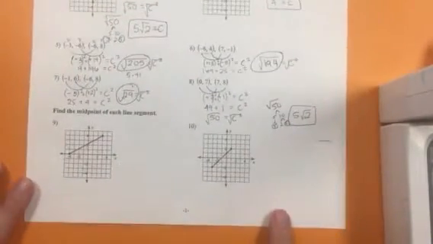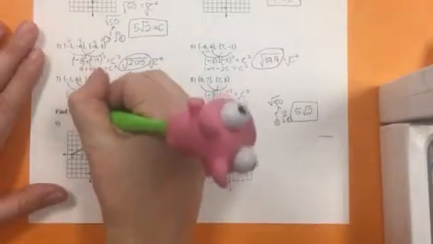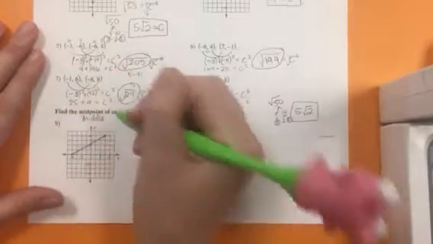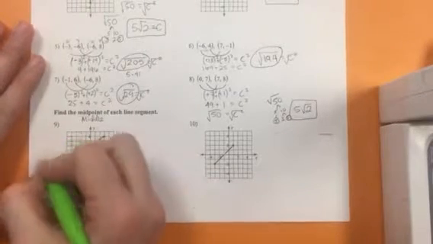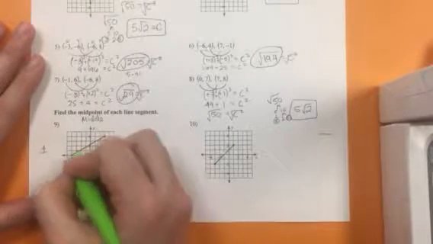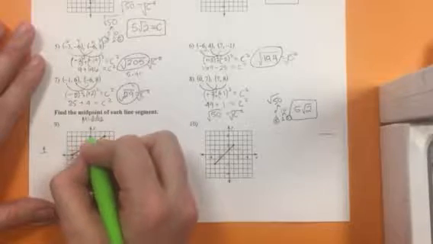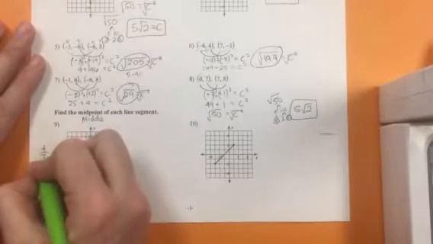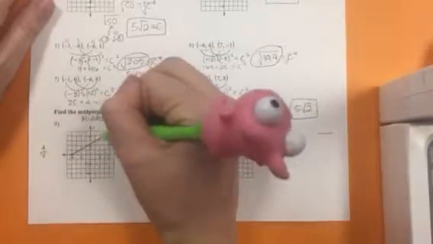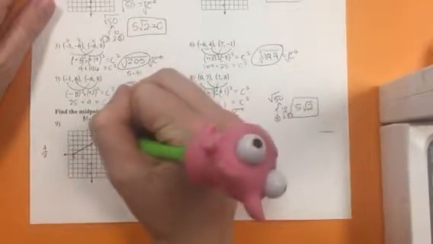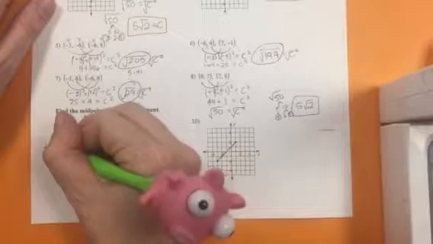On number 9, I'm finding the midpoint, so I'm finding the middle. If I count up 1, 2, 3, 4, so I will go rise 4 and I run 1, 2, 3, 4, 5, 6, 7. I don't want to go that full distance. If I go the full distance, it represents that line. I only want to find the middle, so I have to go half of it.